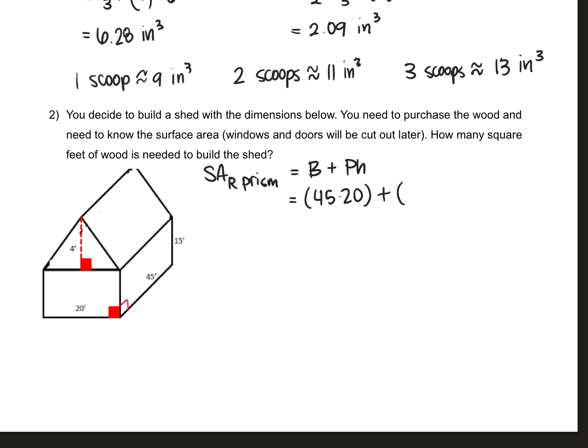And then the perimeter, so I still have the 4 rectangles on the outside. So I'm still going to have 2 times 45 plus 2 times 20 times the height, which is 15.